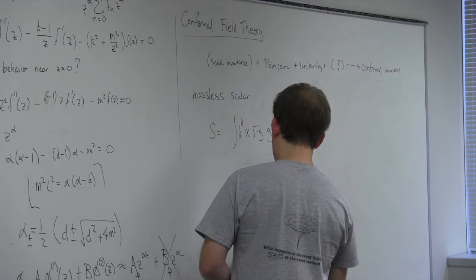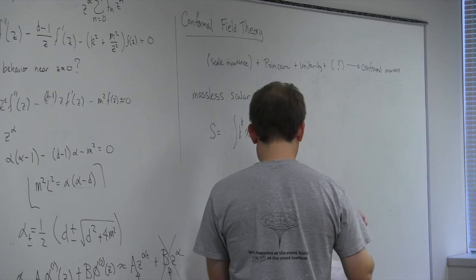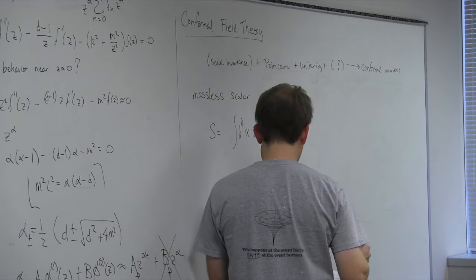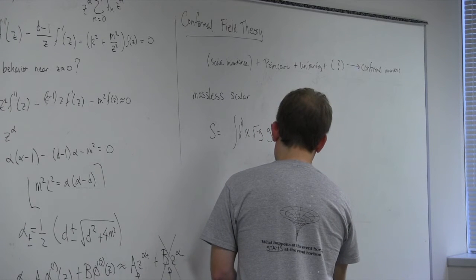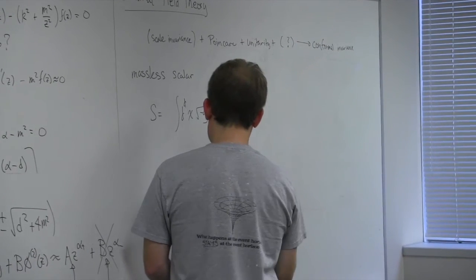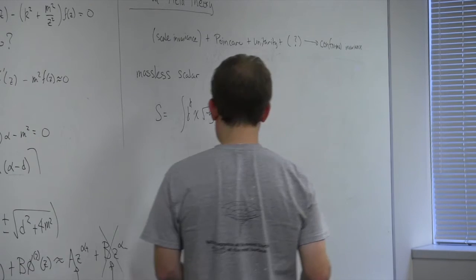And then this is a symmetry of the action. Because you get an omega to the d from the measure, you get a 1 over omega squared from the derivatives, and then you get an omega to the 2 minus d from the scaling of the field, times S.